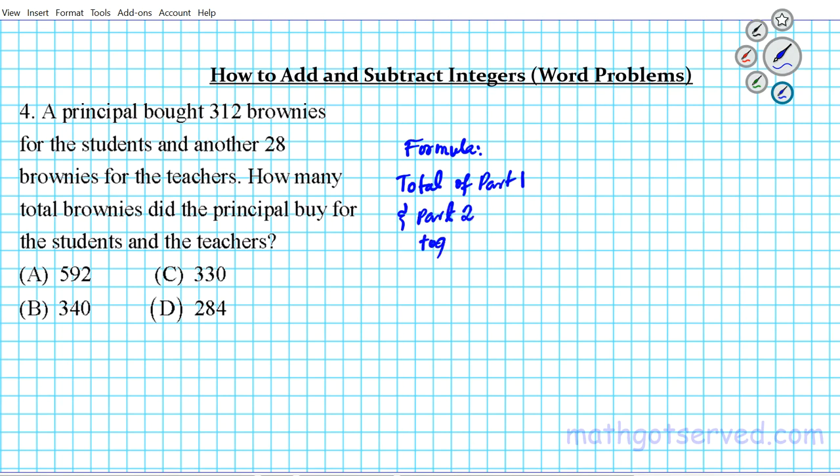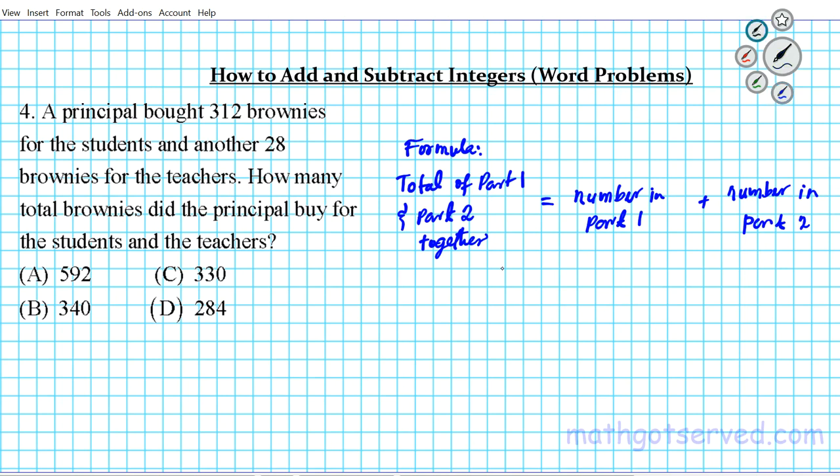Together is what? Since you're looking at what they are together, the operation here is you're going to add, okay? So it's going to be the number in part 1 plus the number in part 2. And that's going to be the answer.